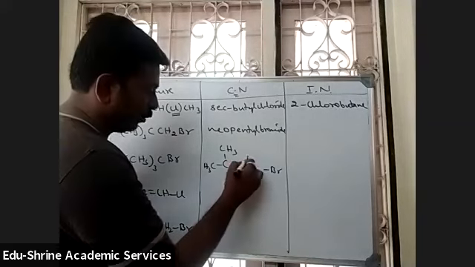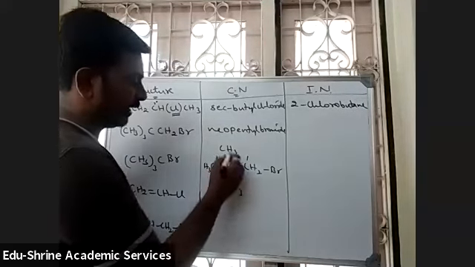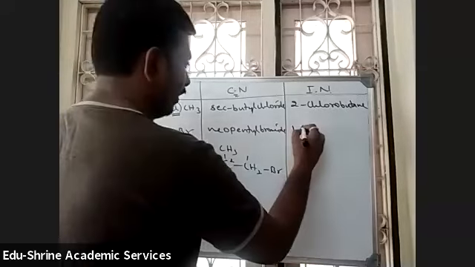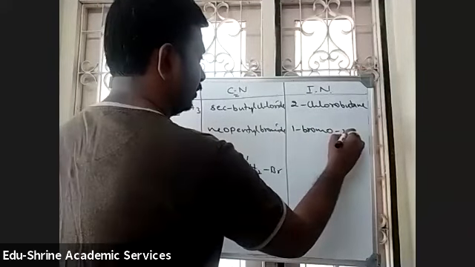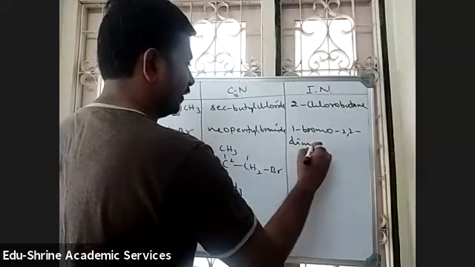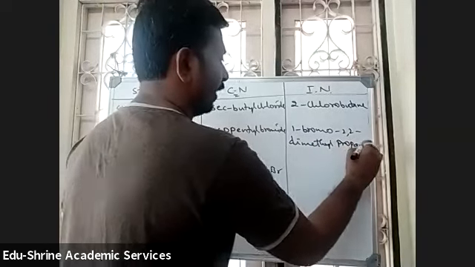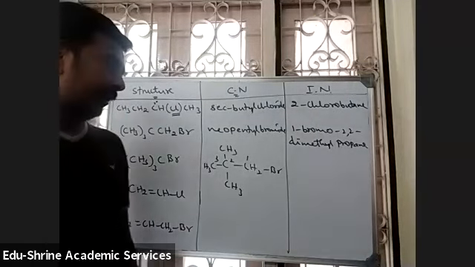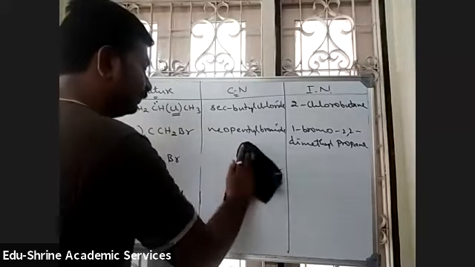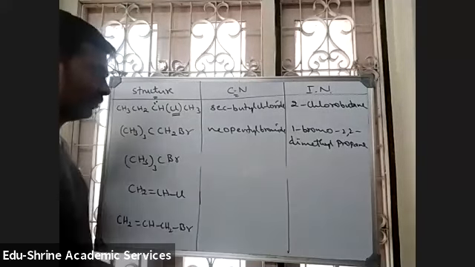Yes. So 1, 2, 3. At second carbon atom there are 2 methyl groups. So it is 1-bromo 2,2 dimethyl propane. So that will be the IUPAC name.